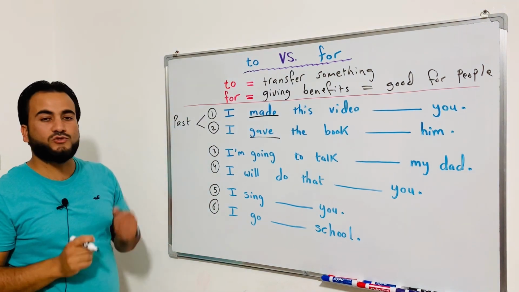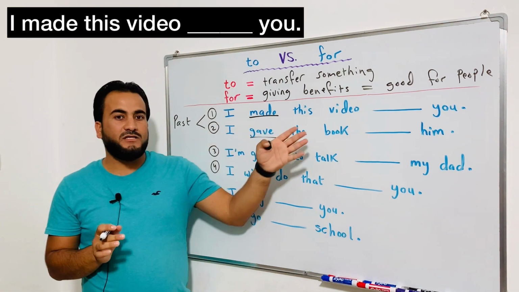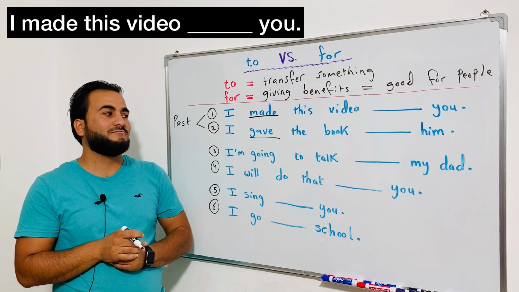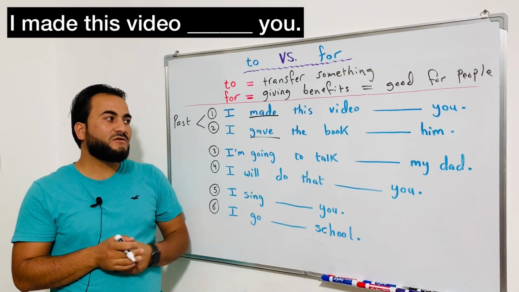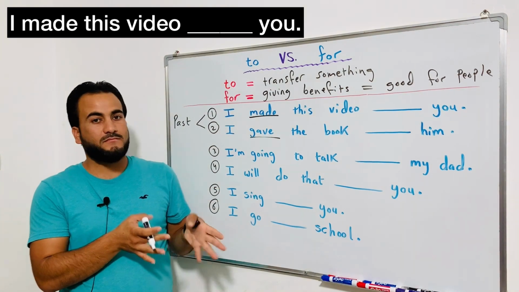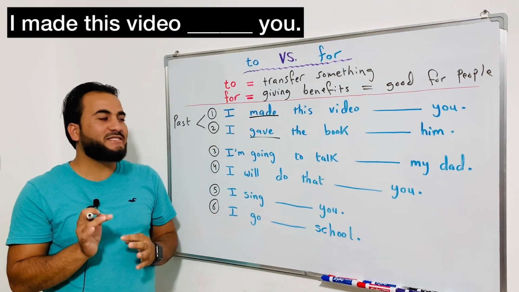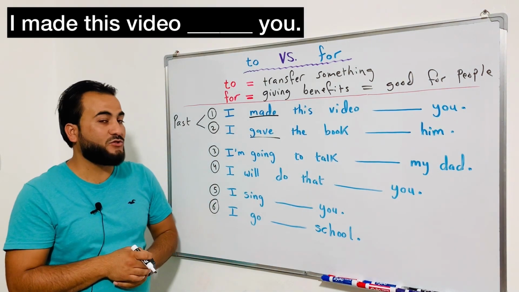Okay, the first one. I made this video. What do you think? To you or for you. أنا عملت هذا الفيديو إلكم. فشو بنستخدم؟ To you or for you? What do you think?